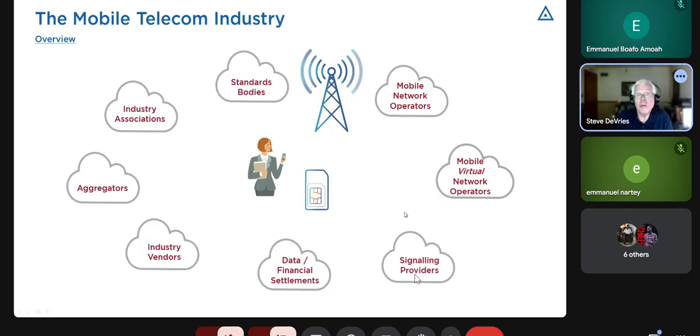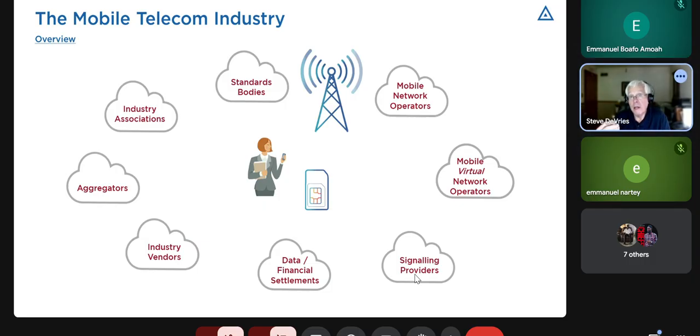There are companies that provide signaling services, and there are hubbing providers. If you didn't have a hubbing provider, every network would have to communicate with every other network directly. There's probably 800 networks in the world. You can't have all 800 all talk to each other. So you go through these different hubbing providers or signaling providers. There's data clearinghouses. There's financial clearinghouses.